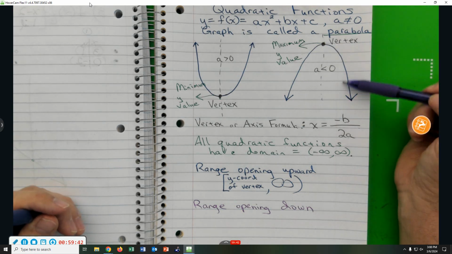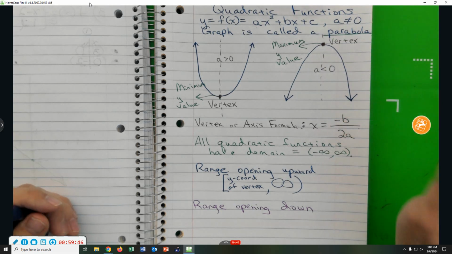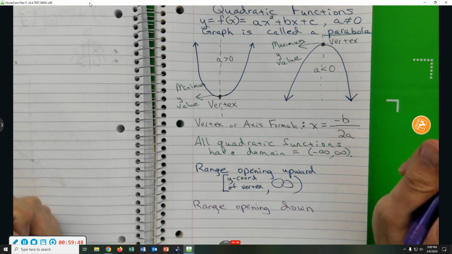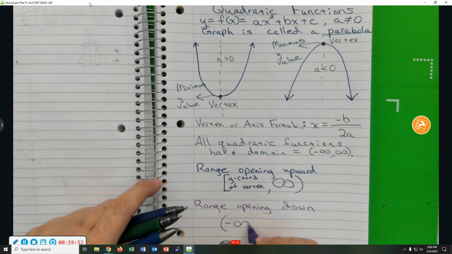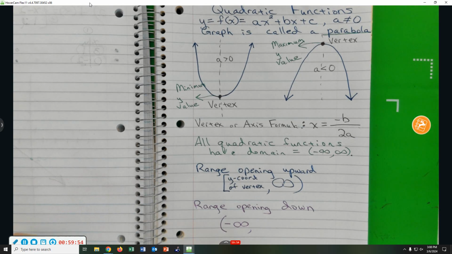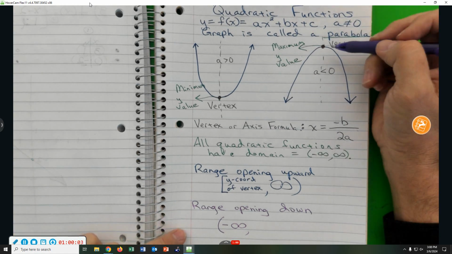Okay, it's opening down. Are we going to have an infinity or a negative infinity? A negative infinity, so that has to go first in the ordered pair, the interval notation representation, because you always go small to big. So it's negative infinity. And what is the maximum y value?